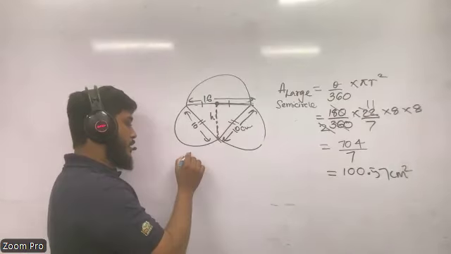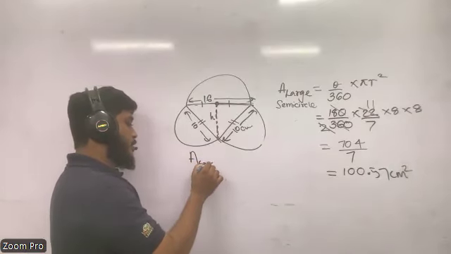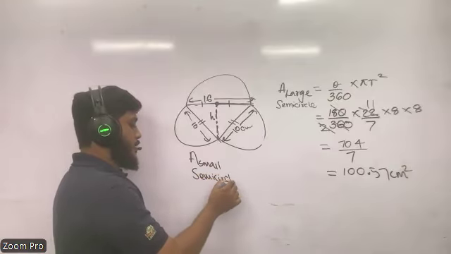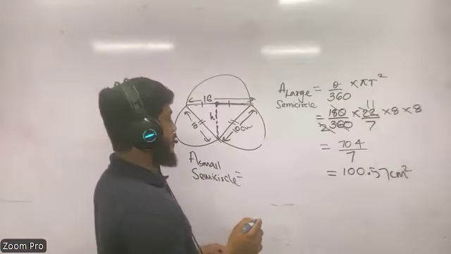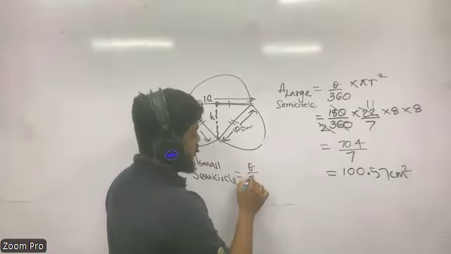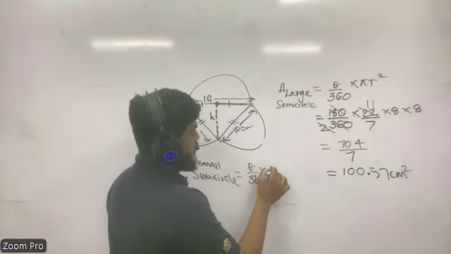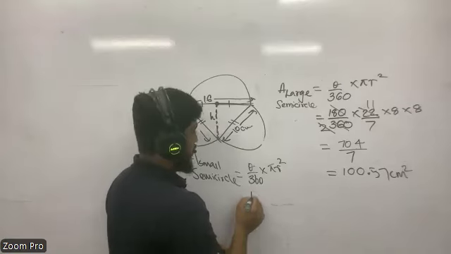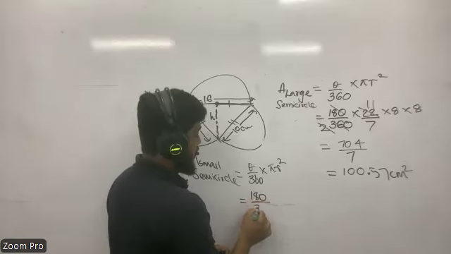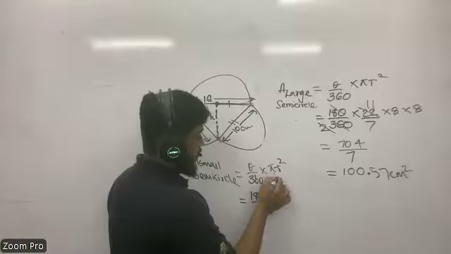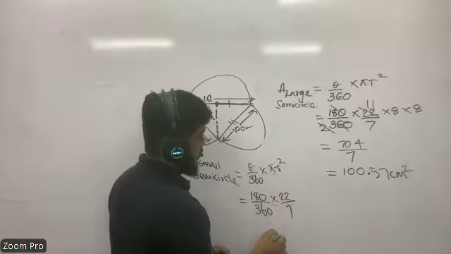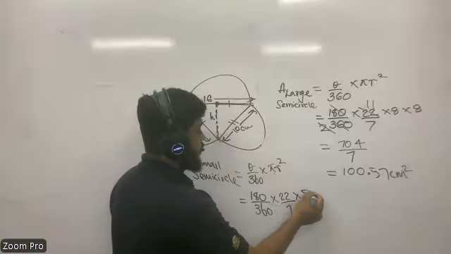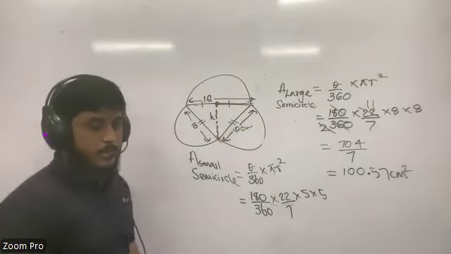I can write area of small semicircle, theta over 360 into pi r squared. Theta is how much? 180 over 360. For pi, 22 over 7. Radius, I should write 5. How many times? 2 times I should write 5.